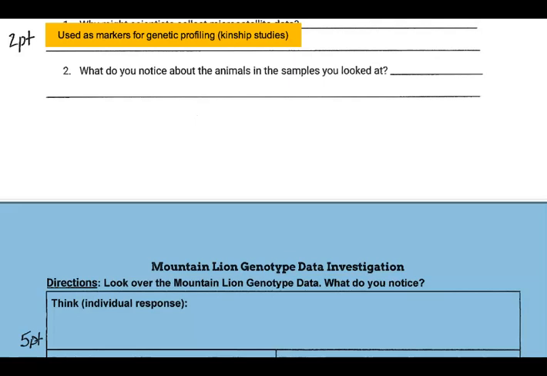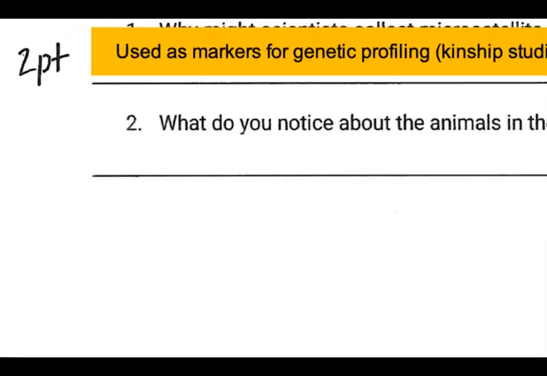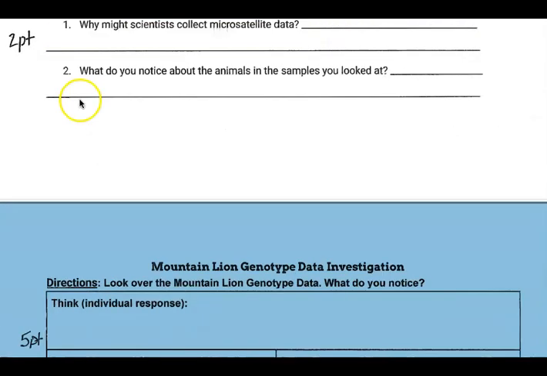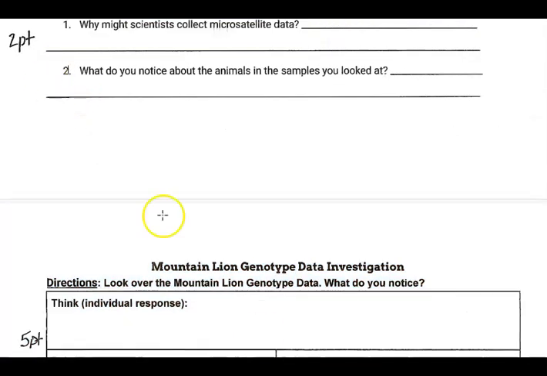So hopefully you said most of the animals were heterozygous, meaning they had different alleles. All right. Moving on.